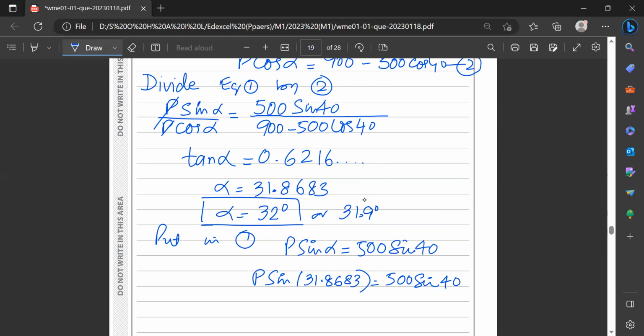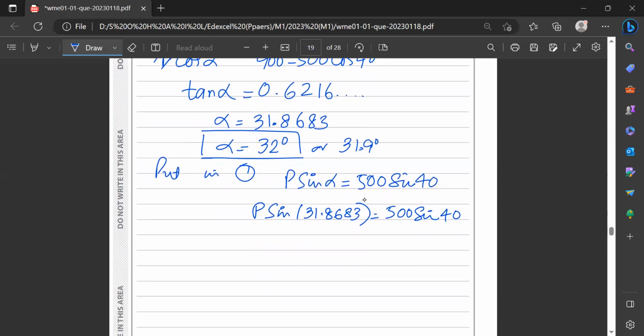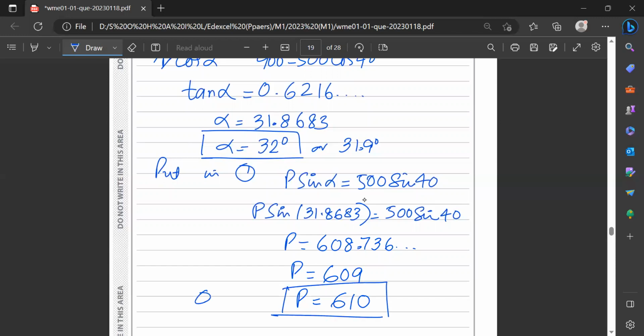My answer is coming as P equals 608.736, and so on. So P equals, I can write 609, or better to write 610, when we round it to 3 significant figures. So 610, a better answer you can write for this case.